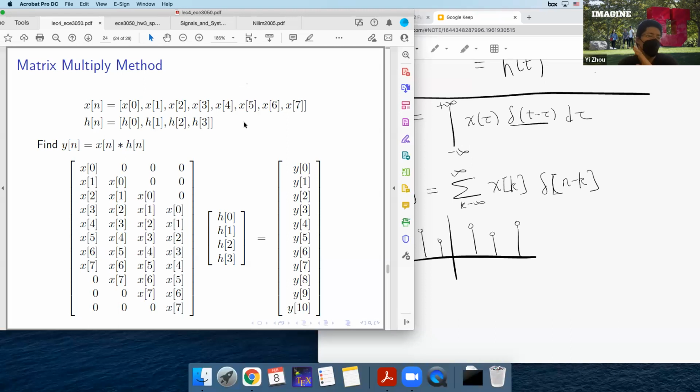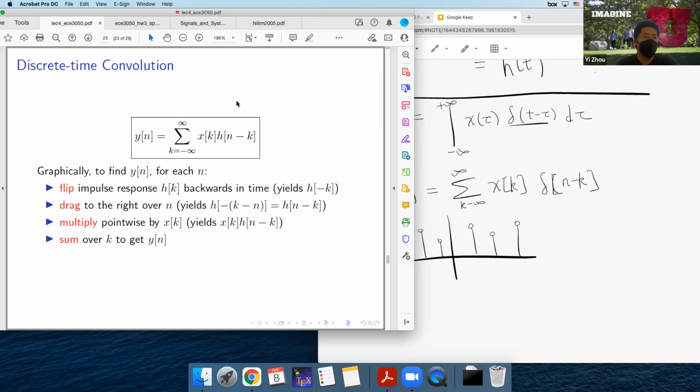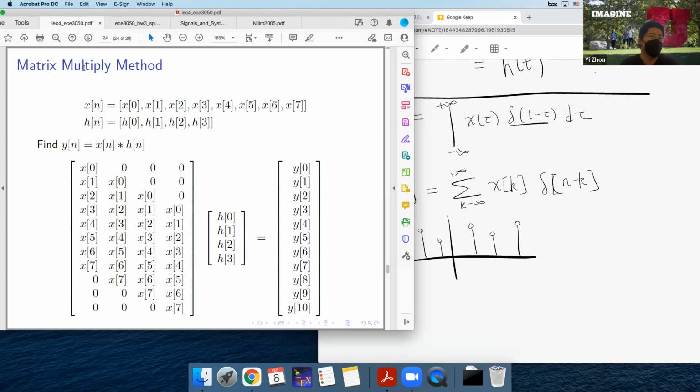Okay, so these are just two discrete time signals given by two vectors. And then mathematically, we need to follow this formula to calculate the convolutional signal. However, we can use a matrix multiply method to do this in a matrix vector way.